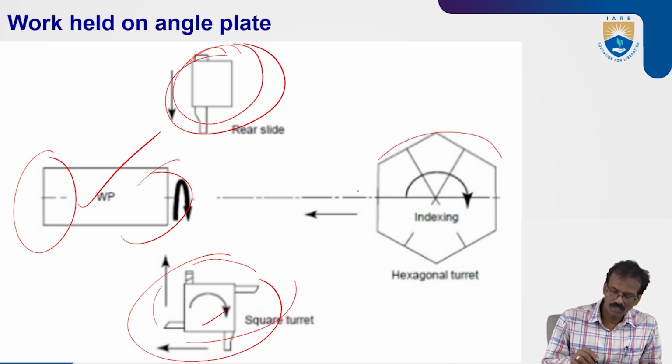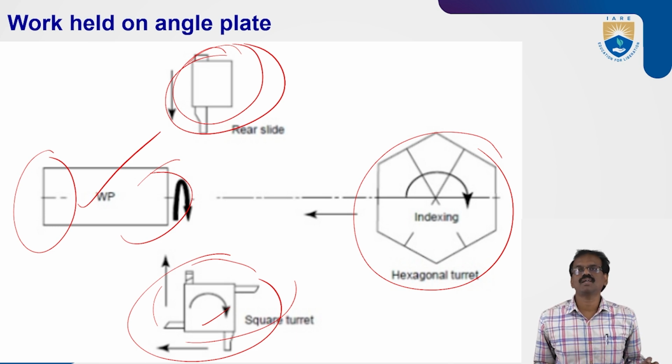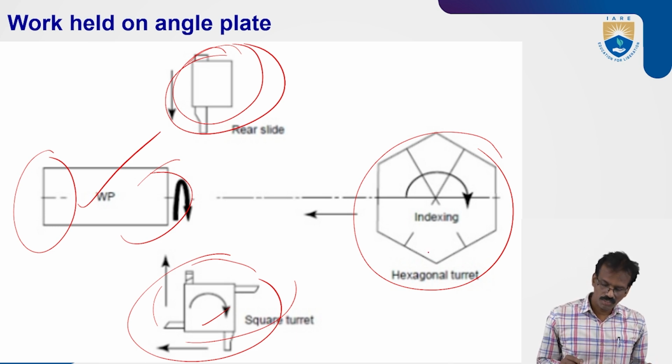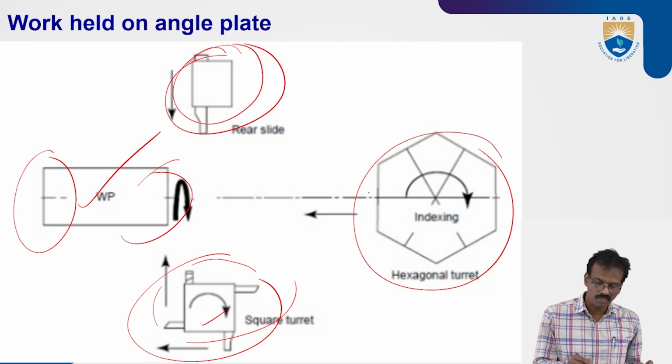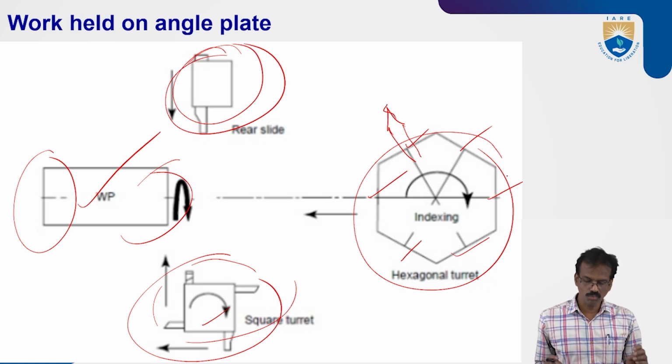So instead of the tailstock in the standard lathe machine, here we will see the turret head, which has six faces, a hexagonal turret head. On each face we can fix different tool bits, so six faces have six tool posts.